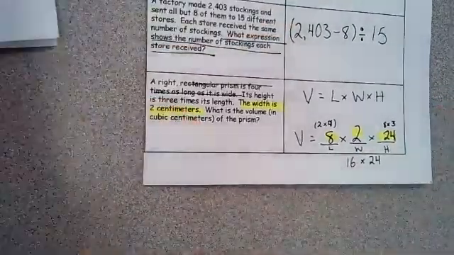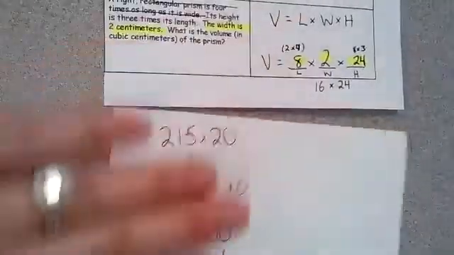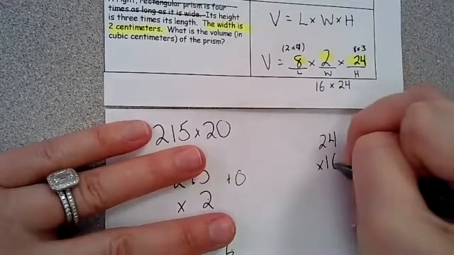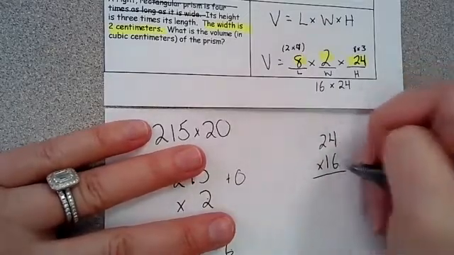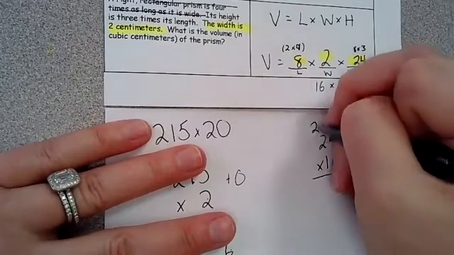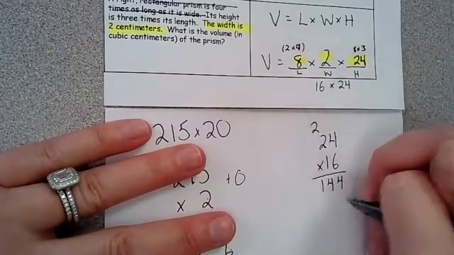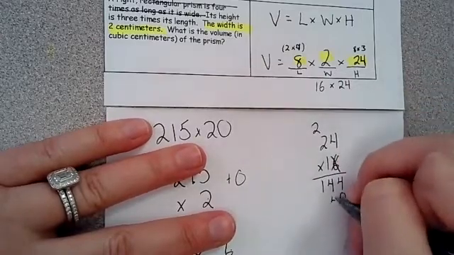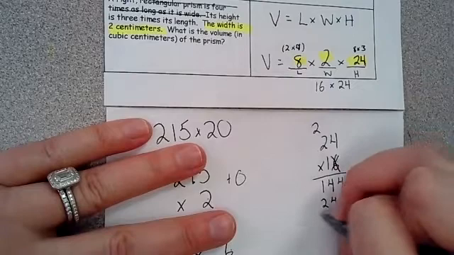I'm not going to be scared to use another sheet of paper. So 24 times 16. 4 times 6 is 24. Leave the 4, carry the 2. This times this is 12 plus 2 more is 14. Drop an egg. Cross that out. This times this is 4. This times this is 2.